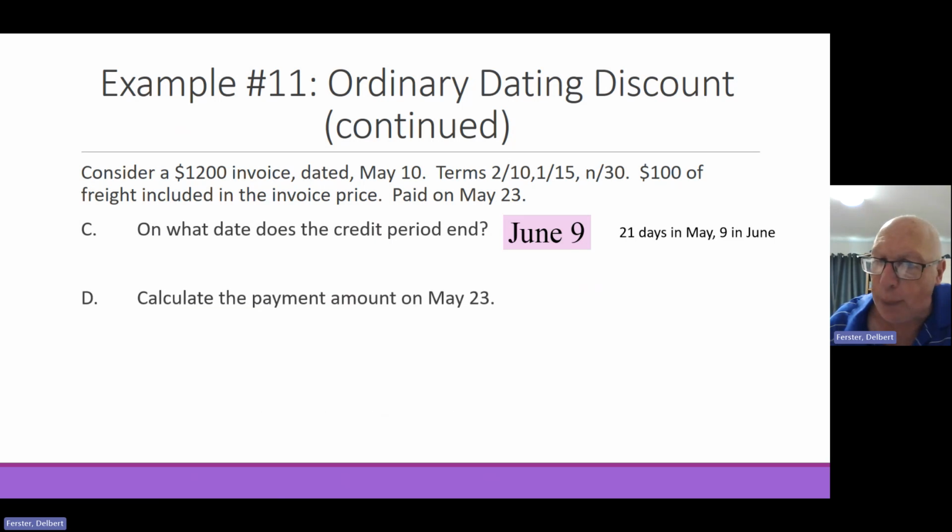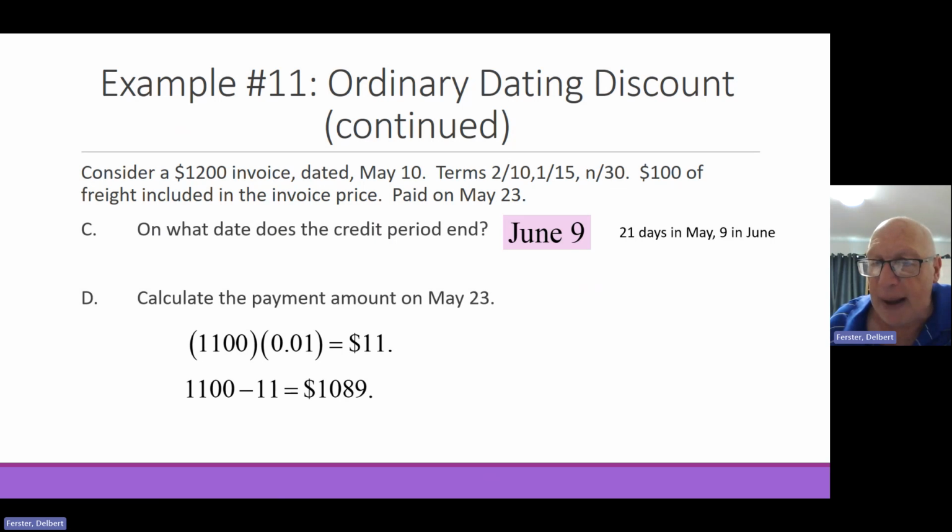Be careful now on your payment amounts. You'll notice that we're looking at $1,100 being multiplied by 1%, not the $1,200, because that included the $100 freight charge. There was no discount on freight. So the discount is $11 on merchandise, which makes the merchandise total $1,089.